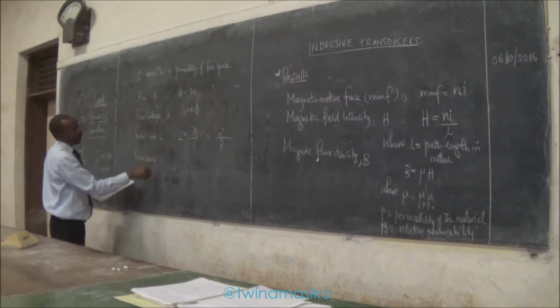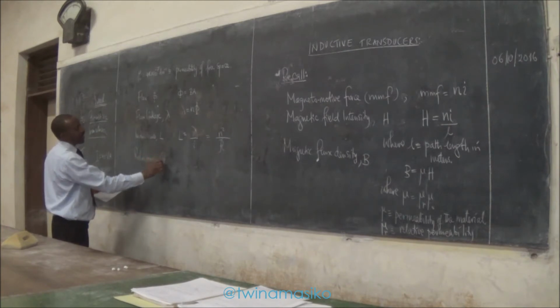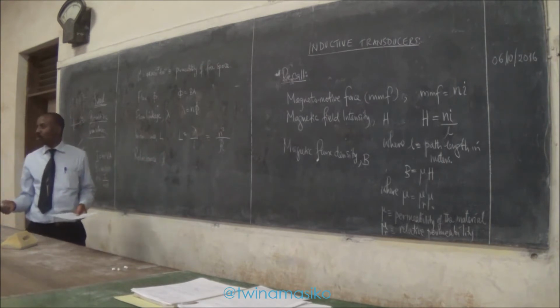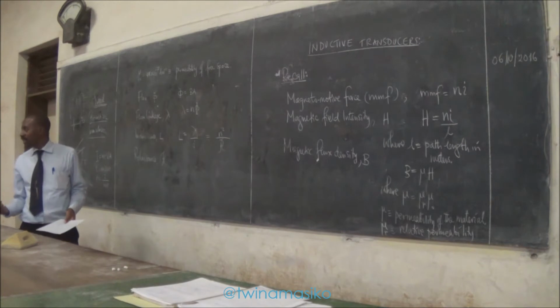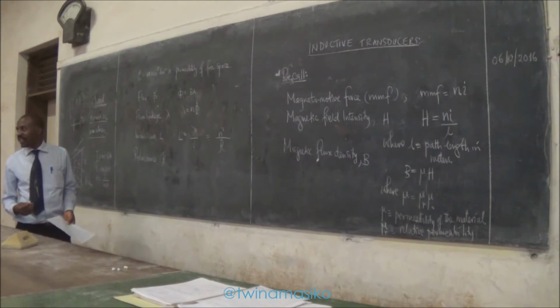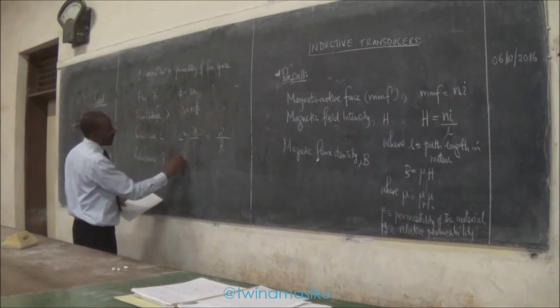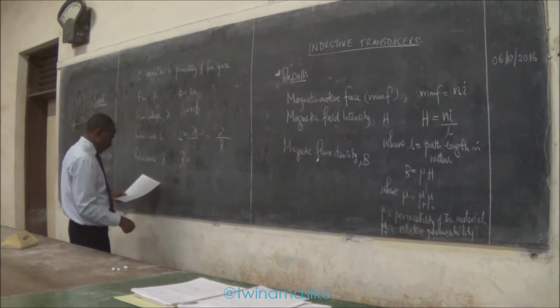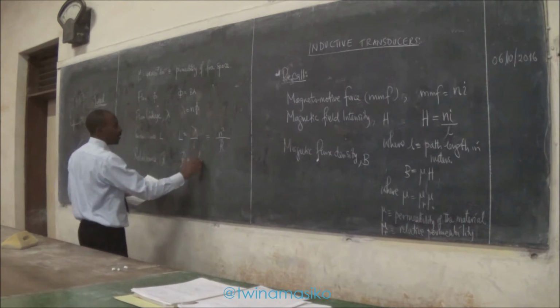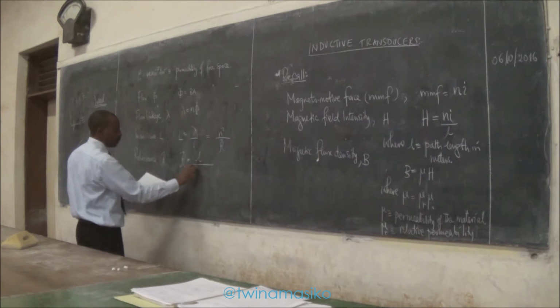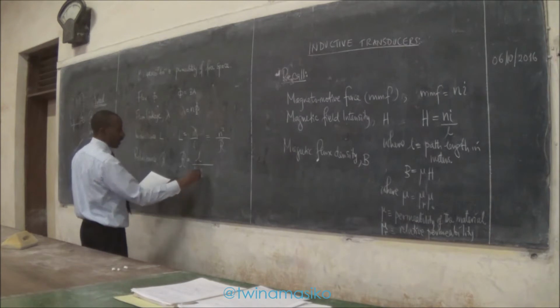So another term we shall meet is the script R. In the books you find it looking like Gothic handwriting, but I don't know how to write Gothic letters unless I'm looking at them. And this script R, or this reluctance, is given by L, the path length, over mu R, mu naught, A.